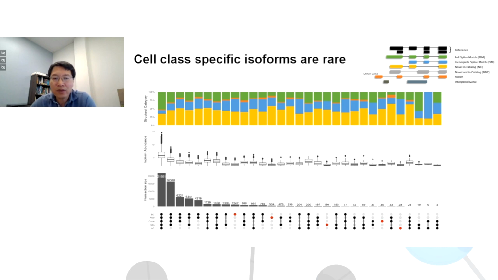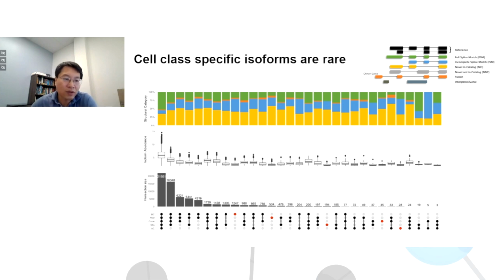So the next question we want to ask is, now that we know 70% of genes have multiple isoforms, do they really show cell class specificity? I mean, how are they distributed? Do you see one cell type expressing isoform 1 and the other cell type expressing isoform 2? So we looked at the distribution of these different isoforms across different cell types.